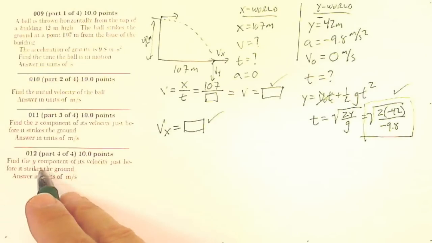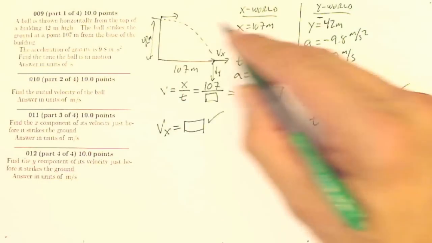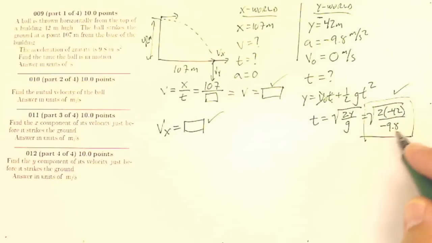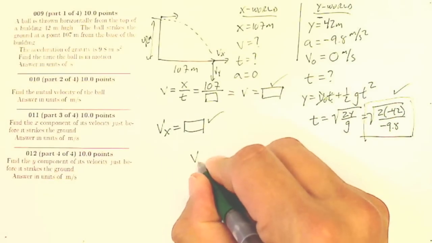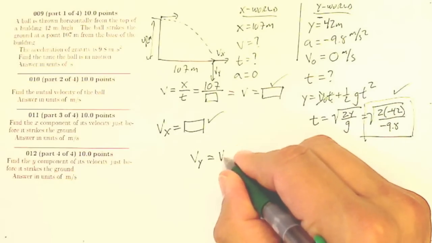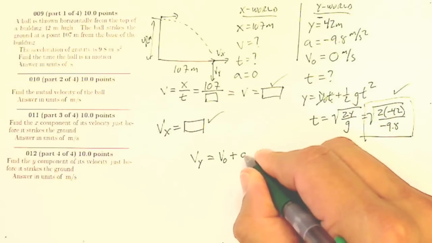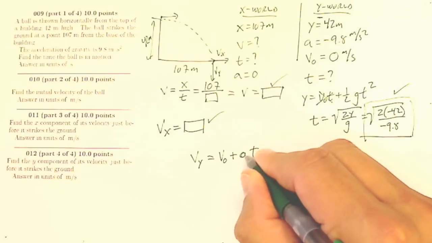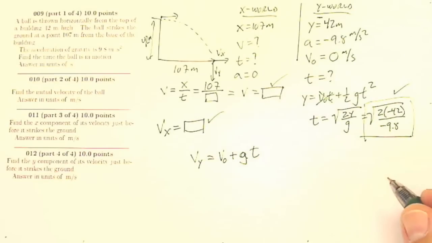Now it says find the y component of its velocity just before it strikes the ground. Well, my y velocity starts at 0, but after this much time, what is my new velocity? Well, my final velocity in the y direction is going to be my initial velocity plus my acceleration times my time, or this could be g, my acceleration g times time.